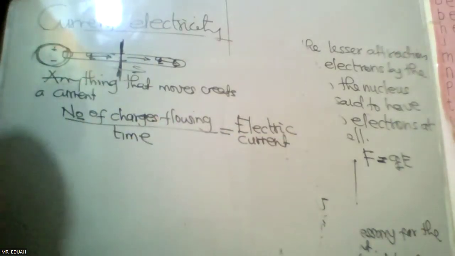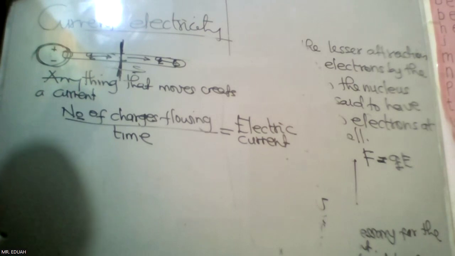And so we define electric current as the flow of charges within a given time t.